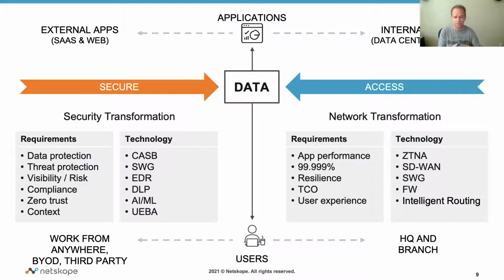Data protection and threat protection are obviously top of mind and key. There's also getting visibility and risk associated with all of this cloud adoption. And then on the access side, there's a whole set of network transformation that needs to take place. And ultimately, it's about ensuring that employees can access ubiquitously the resources they need. So performance is key, resilience is key, and user experience is key.